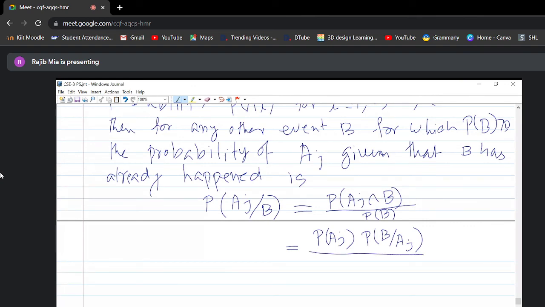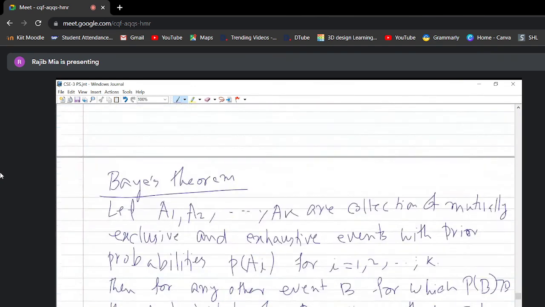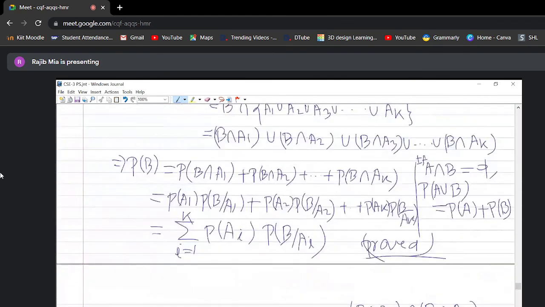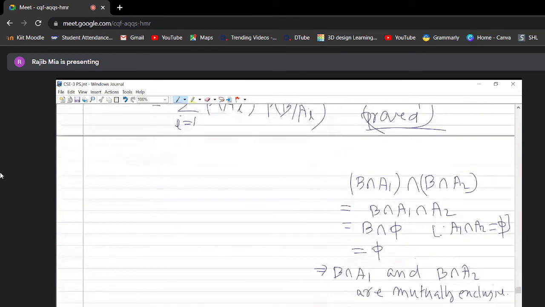Now we can write probability of B using the total probability law. That is, probability of B equals summation I equals 1 to K of probability of AI into probability of B by AI.